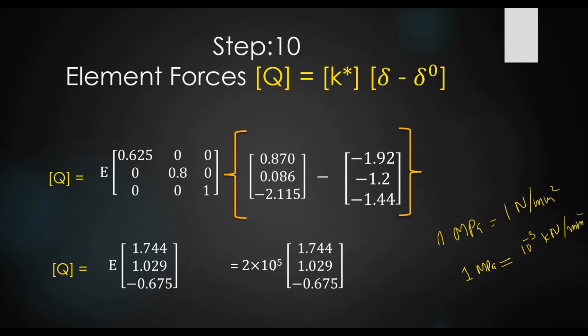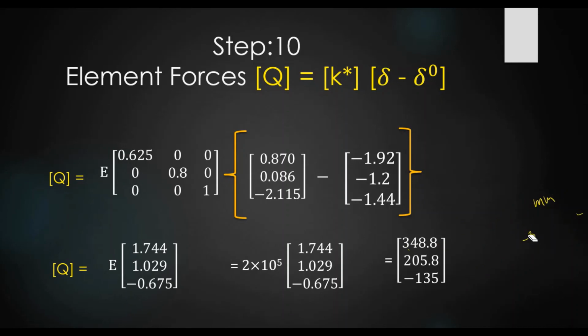So when I multiply it with 10 raised to minus 3, it will become 2 into 10 raised to 5 into 10 raised to minus 3, which is 2 into 10 raised to 2 or 200 into this value. So when I multiply 200 into this matrix, we will get the answer as 348.8, 205.8 and minus 135 kilonewton per mm square. So these are the element forces developed in this structure.